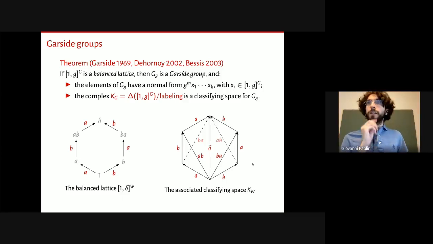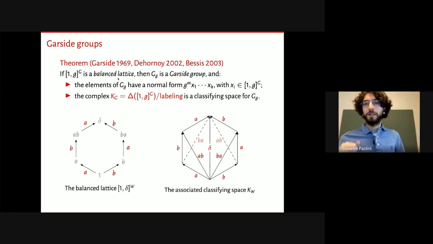And finally, I should get back to the combinatorial hypothesis, balanced lattice. I will skip the balanced part. That's a technical thing that is always going to be satisfied in our examples, so we don't care much about it. On the other hand, the lattice property is much more crucial.